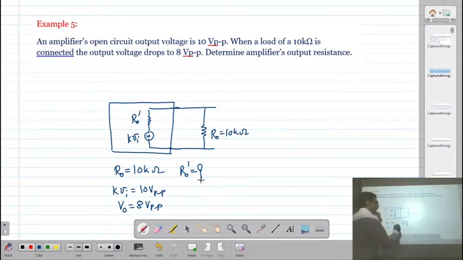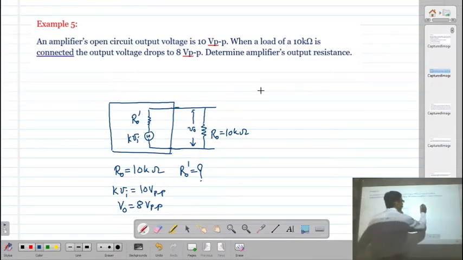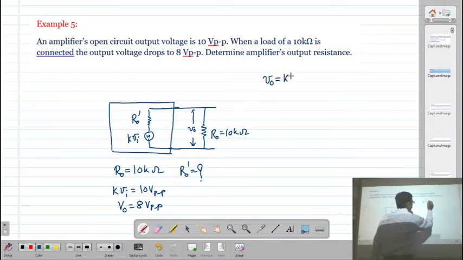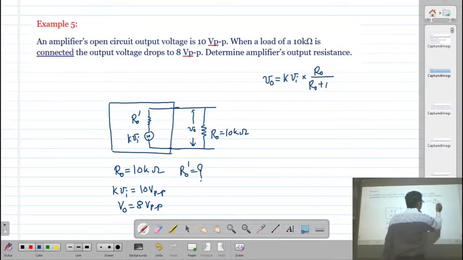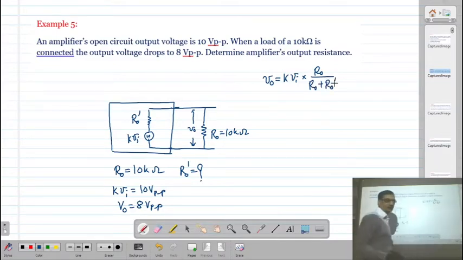So here, this is the output voltage VO. And just now we have discussed that the output voltage of the amplifier is given as K into VI into RO divided by RO plus RO dash.